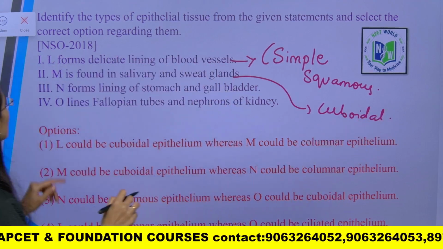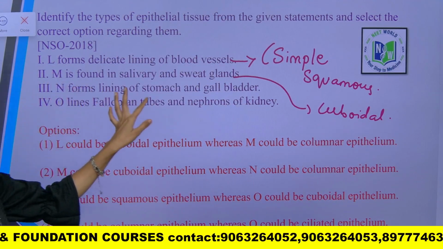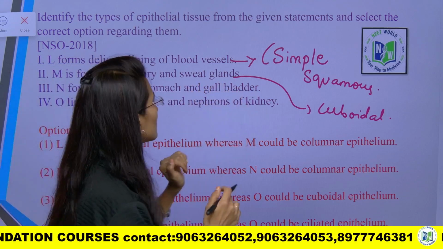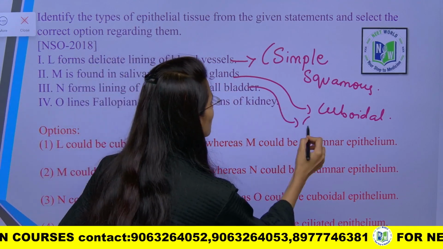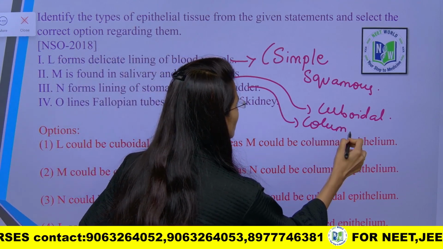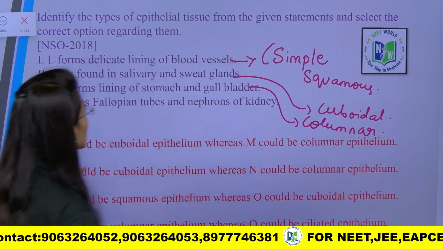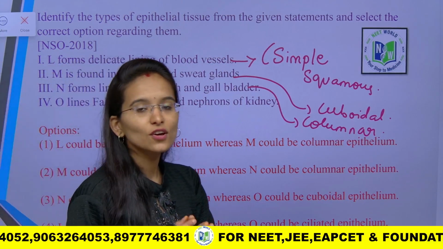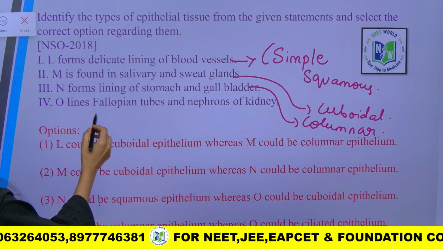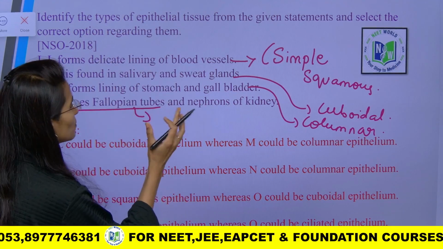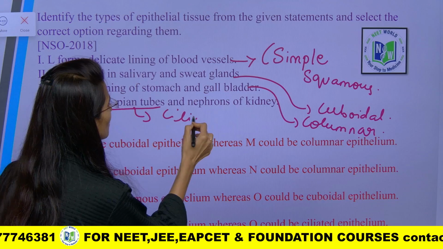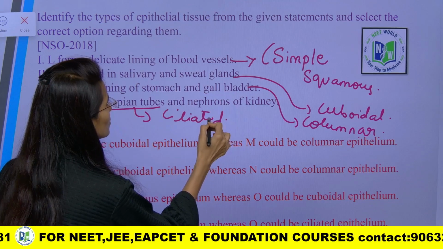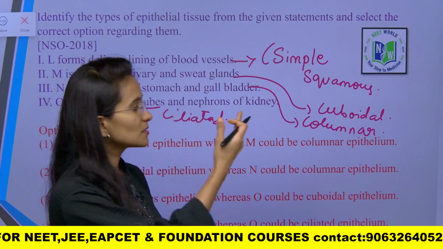Coming to the third, N forms the lining of the stomach and gallbladder. What will this tissue be? Columnar. And next, O lines fallopian tubes and nephrons of the kidney. Fallopian tubes mean ciliated epithelium. So these are the statements related to these particular tissues.